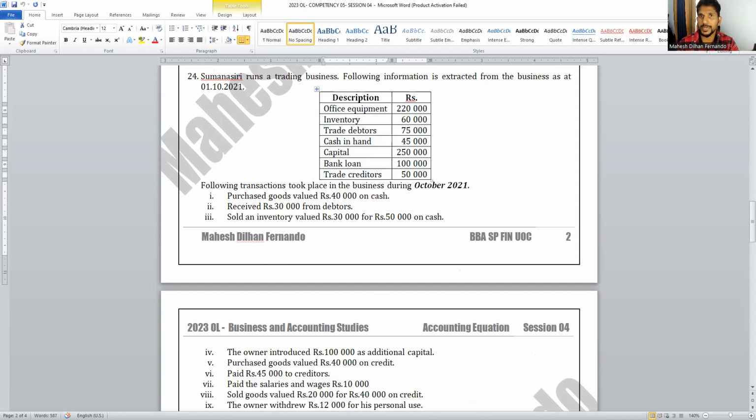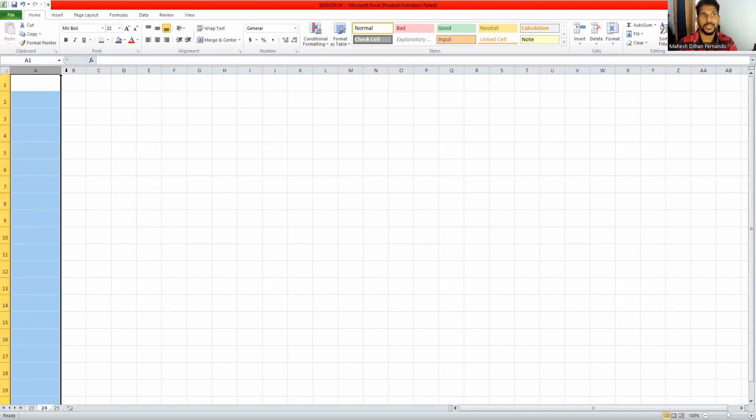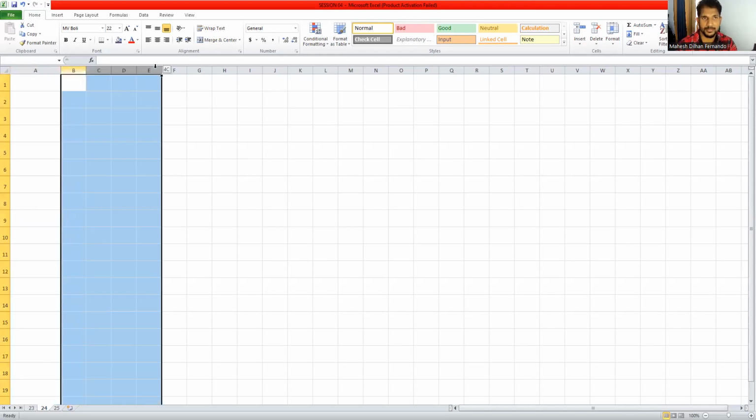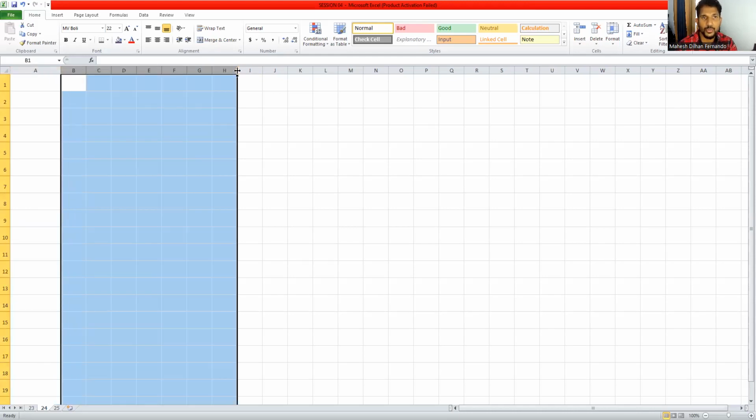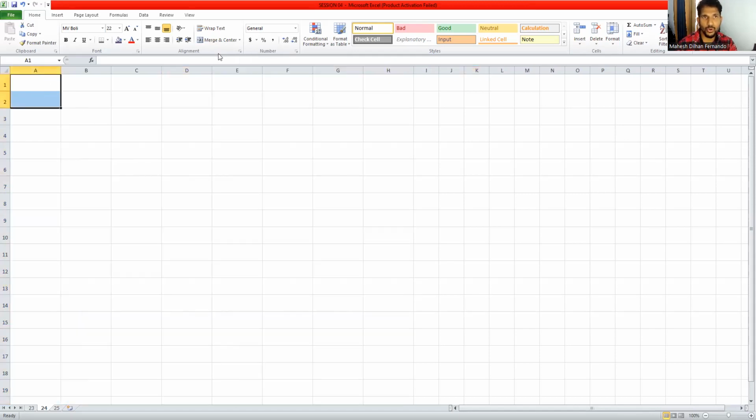Let me share the screen. So here we have how many assets? There are 4 assets, 2 liabilities, and 1 equity. So I'm going to draw the format like this.